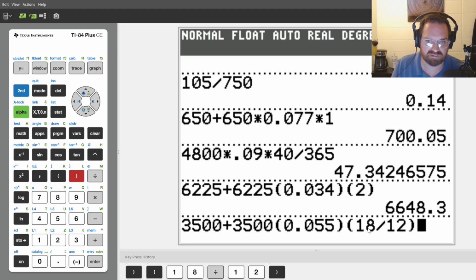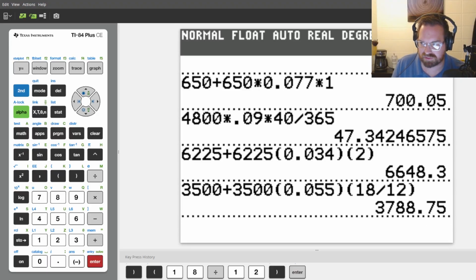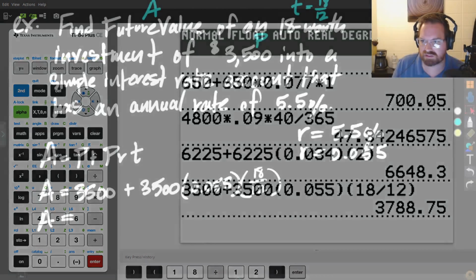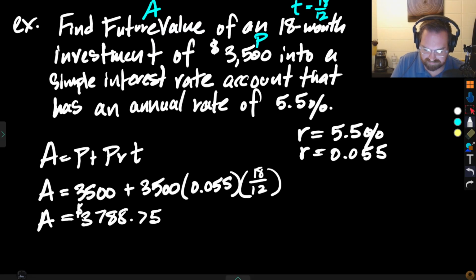So basically it's a year and a half, right? 1.5, 18 over 12 is the same thing. So when I punch this in, that is the total amount in the account. So $3,708. That's it. Okay, that's my final value.